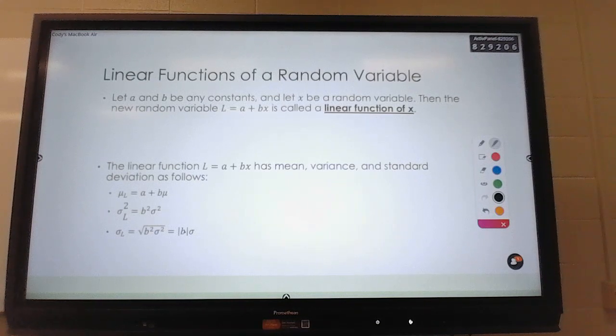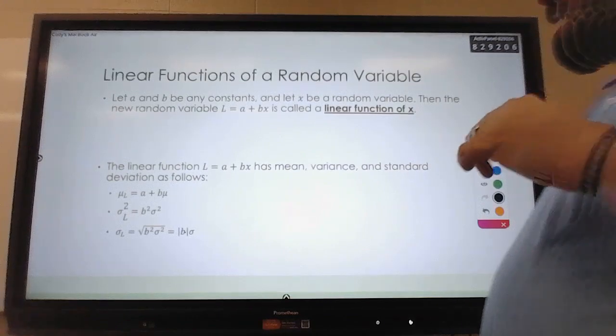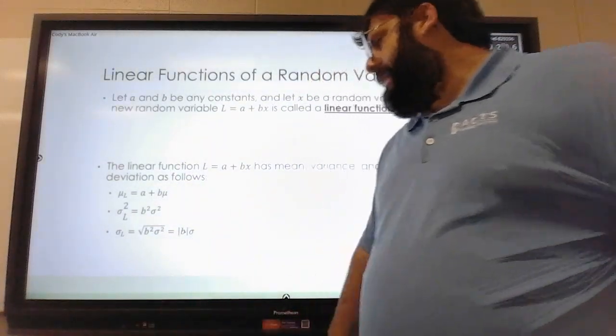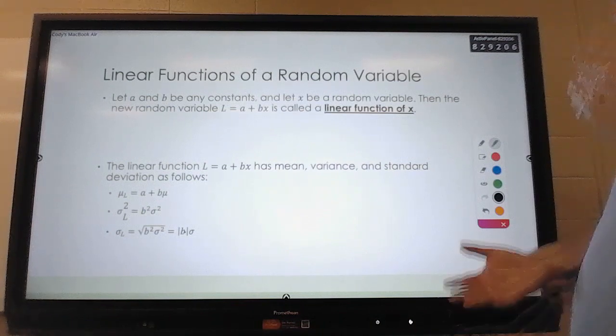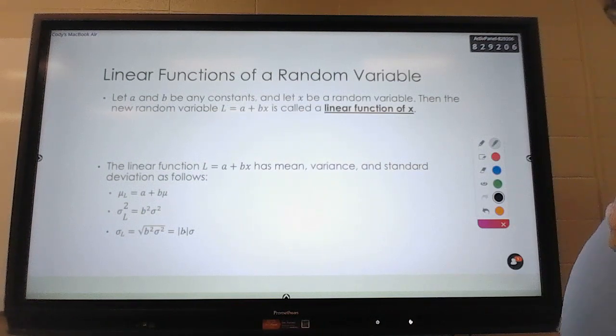But we're talking about measurements, so instead of doing plus or minus when we take the square root, we're just going to keep the plus. So whatever the square root of b squared is, you have to take the absolute value of that. Got to take the absolute value of that. Okay. And so that's linear functions of one random variable.